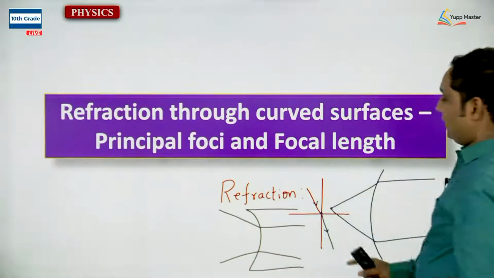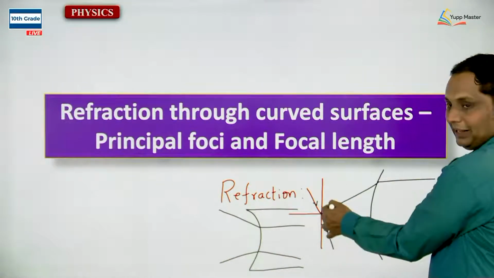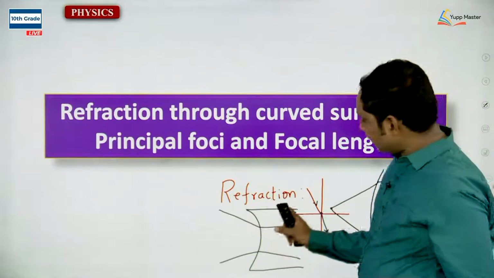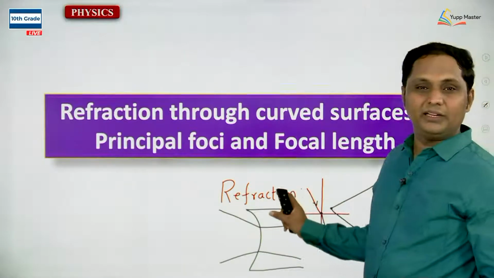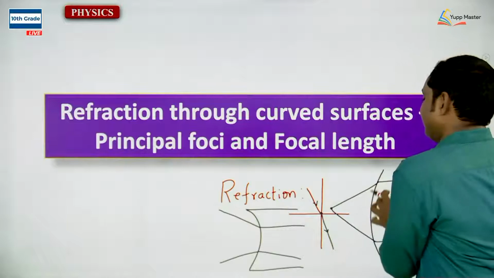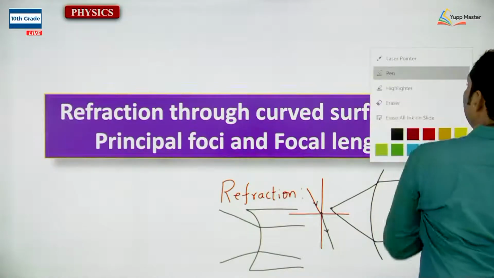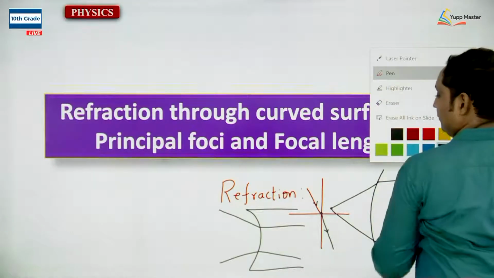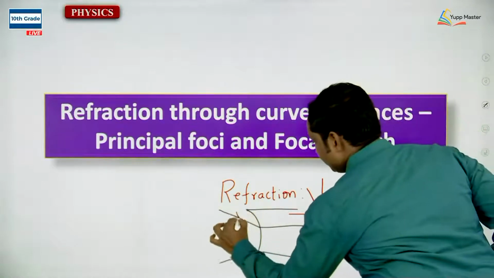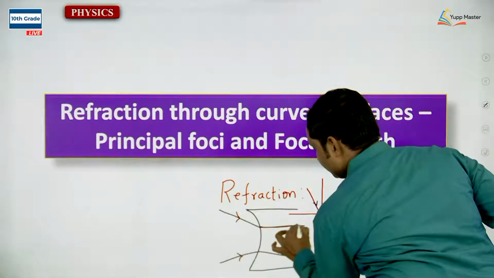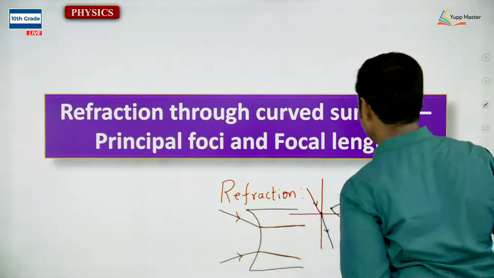This is for a plane surface, this is for a curved surface, a single refracting curved surface. This is also a single refracting curved surface. So this is the incident light ray. It has been refracted.